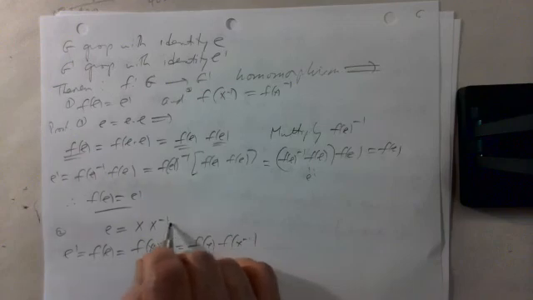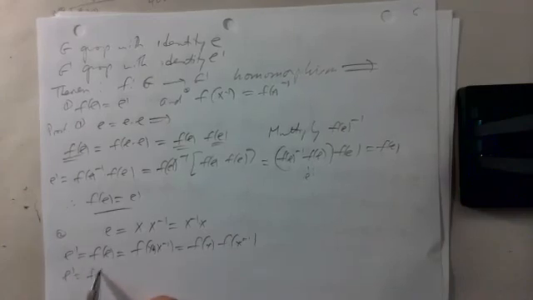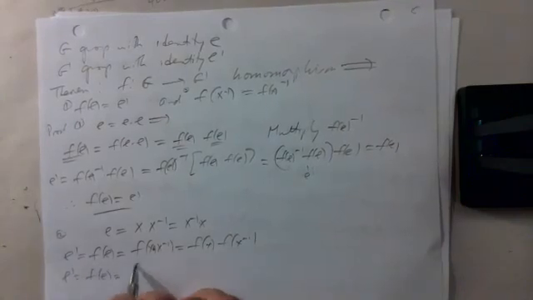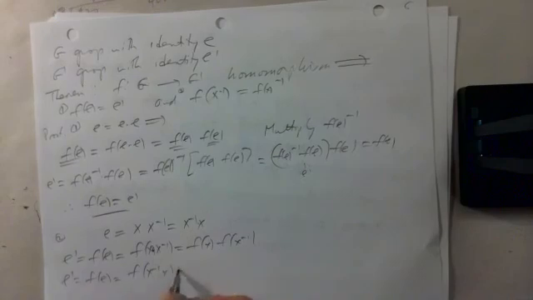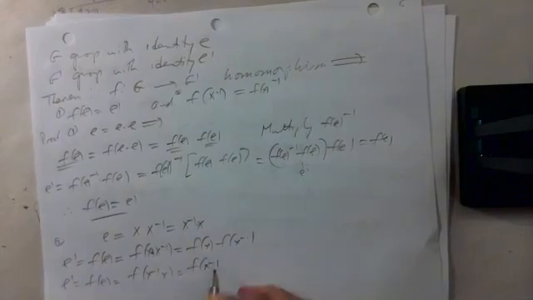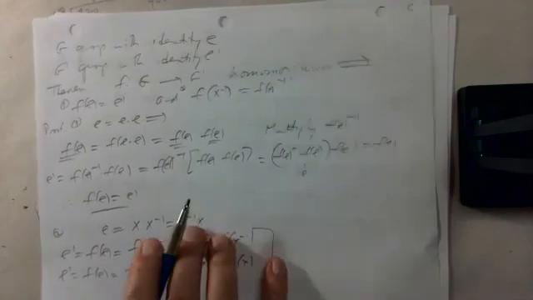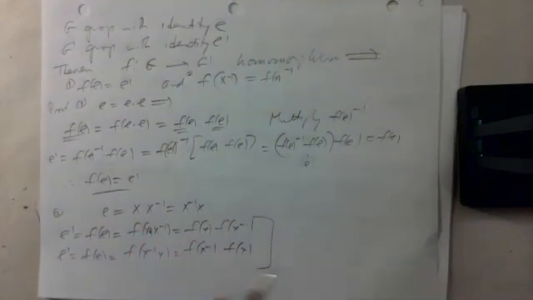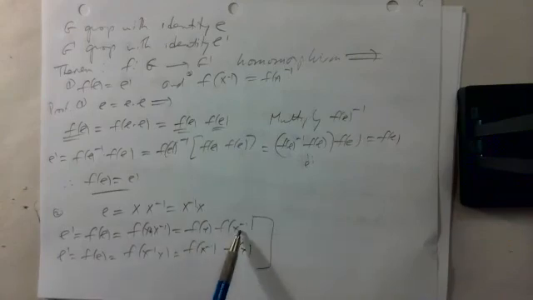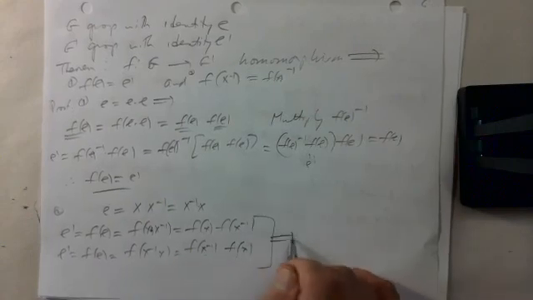And the identity is also X inverse times X. So E prime, which is F of E, is also F of X inverse times F of X. And if you put these two statements together, what does this say? If you take F of X and you multiply it on the right or on the left by F of X inverse, you get the identity.